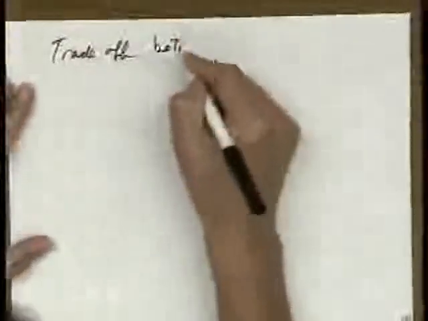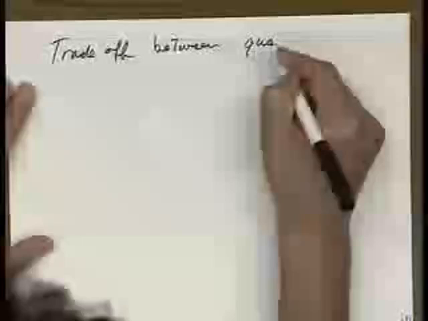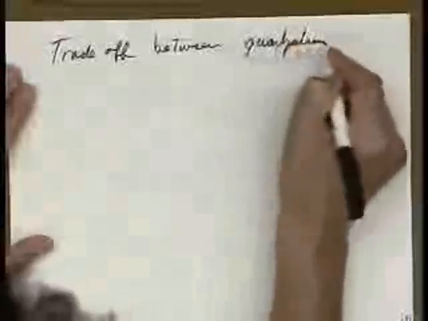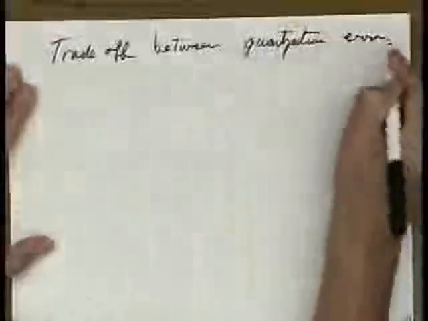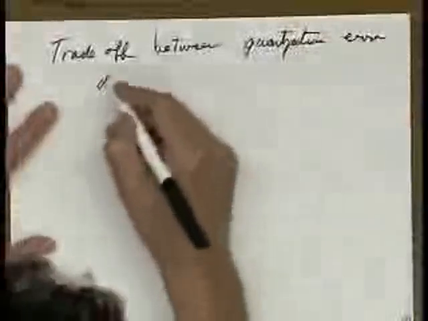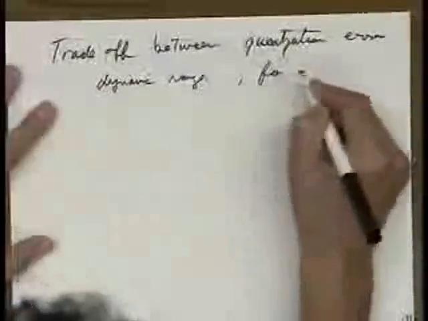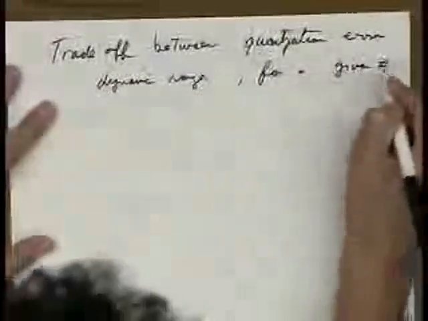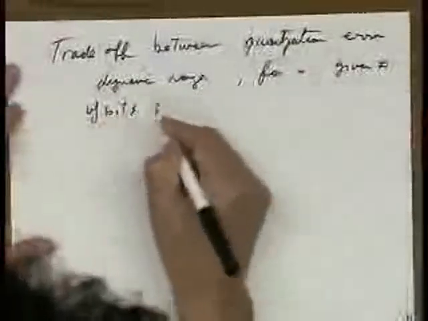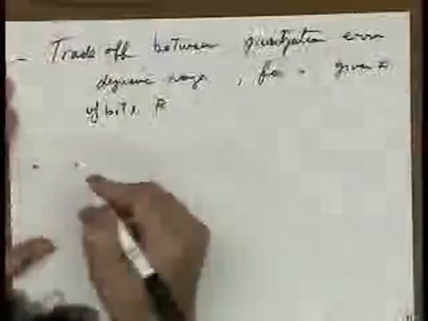So what I want to maybe write down as an upshot of all this discussion is that there is a sort of a trade-off, if you will, between quantization error and dynamic range for a given number of bits, B. Okay? And what do I mean?